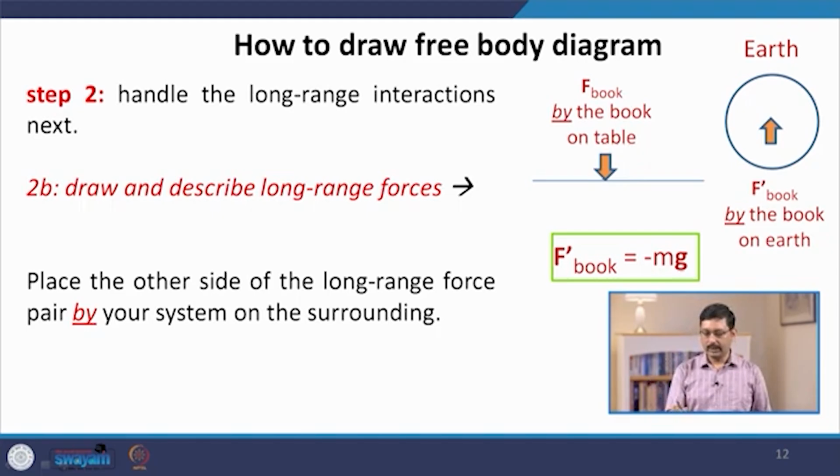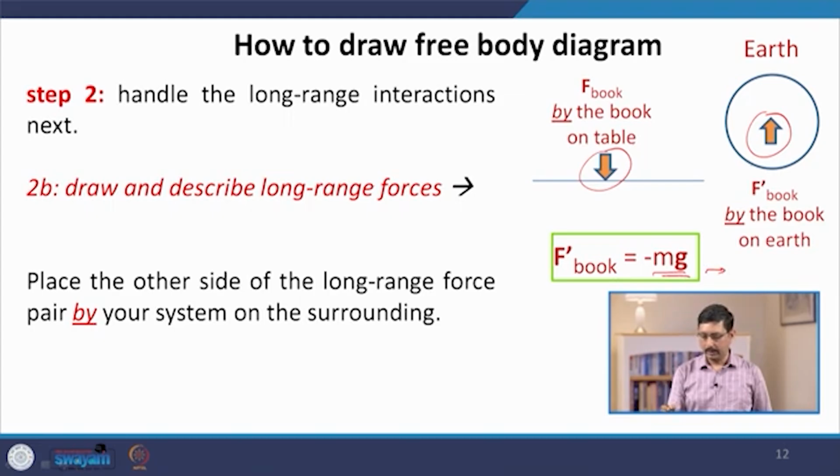Here I am showing the forces by the book on the surroundings, to emphasize. The book is exerting a force on the table, which is shown by this arrow, whereas the book is exerting another force on the center of the earth, which is the other side of the pair given by the weight of the book.